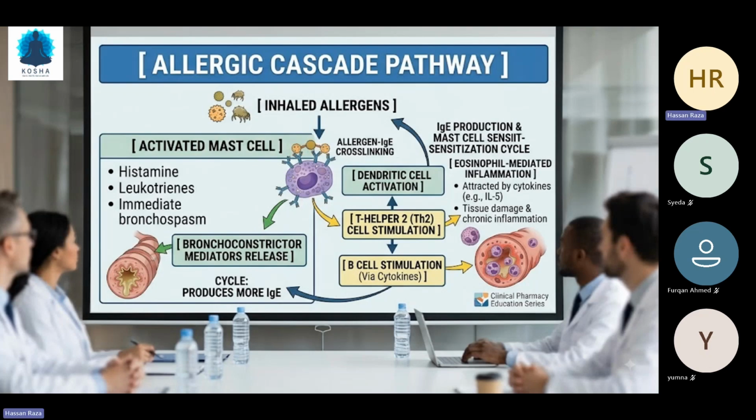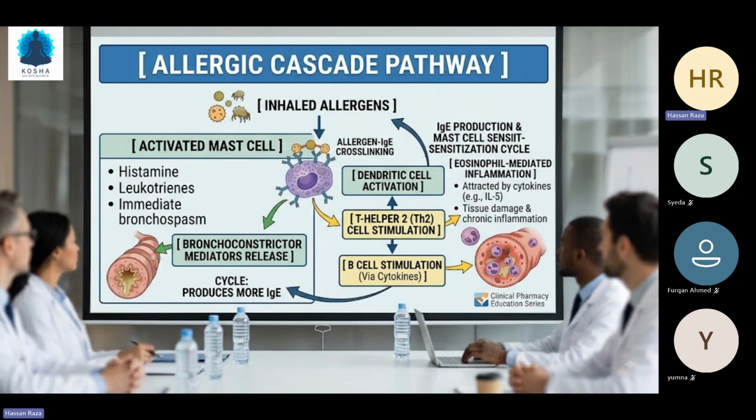So what happens when the allergen which has already sensitized you comes back: you have the mast cells which have antibodies. That allergen will bind to the antibody of that mast cell, and then that mast cell will degranulate. It will release histamine and leukotrienes, which cause bronchoconstriction, and then the T helper 2 cells get stimulated.